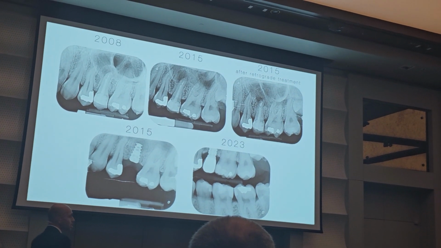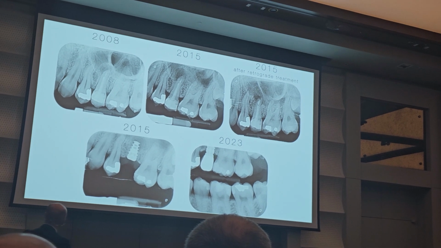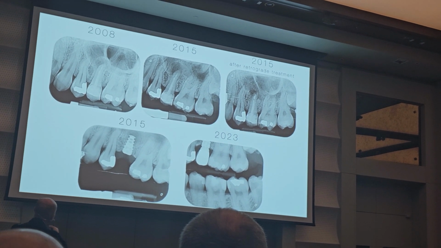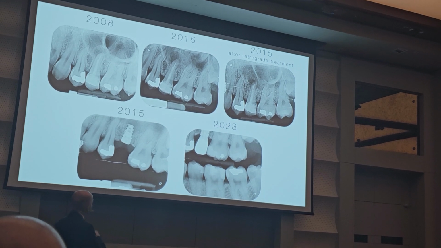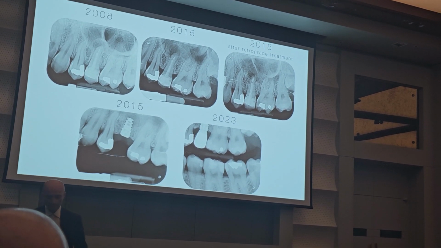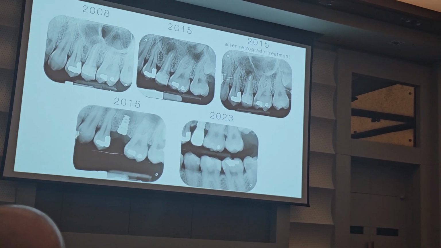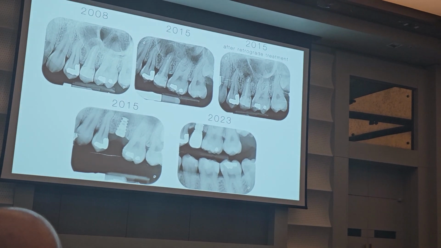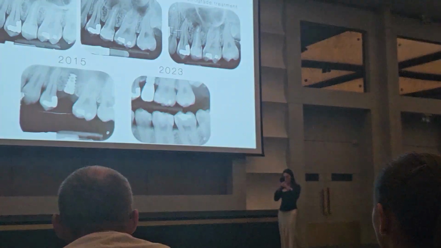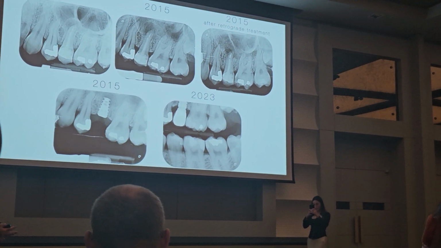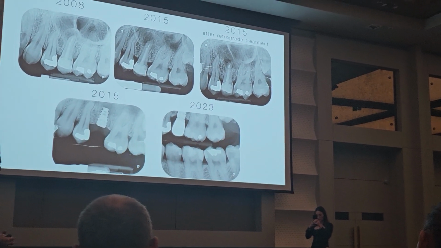So this is even worse. I did root canal treatments in 2008, okay? In 2015, you see the big radiolucency, the patient starts to have pain. I cannot re-enter the case because I have a fiber post. It would be a mess. But, you know, I was not so skilled in apical surgery.